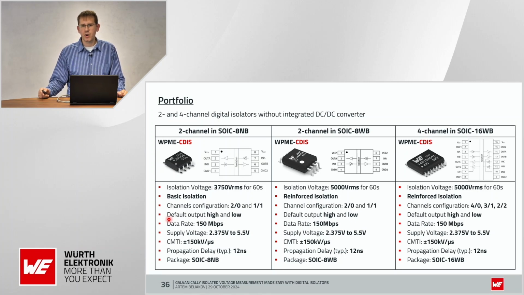Those products provide isolation voltage up to 5000 volt RMS according to the UL 1577 standard, and also provide reinforced isolation according to VDE certificates. All unpowered digital isolators provide data rate up to 150 megabit per second. And as I already said, all products provide CMTI level 150 kilovolt per microsecond.